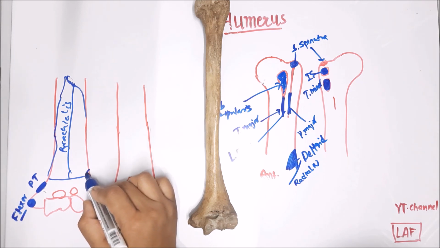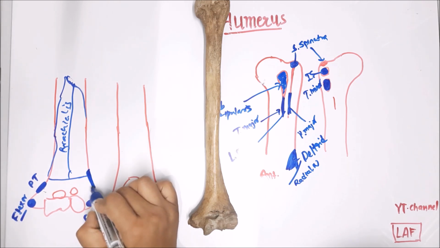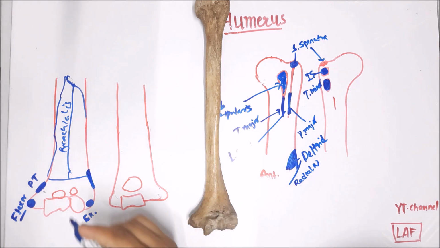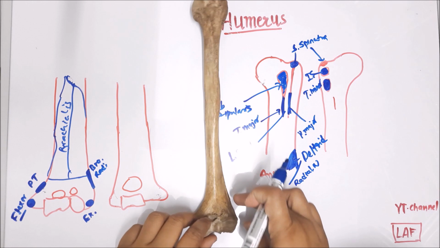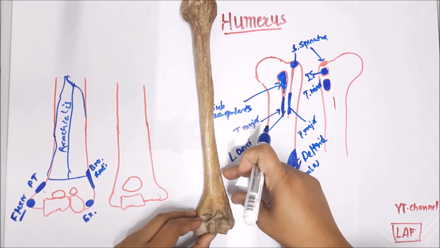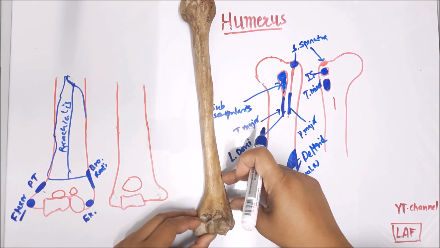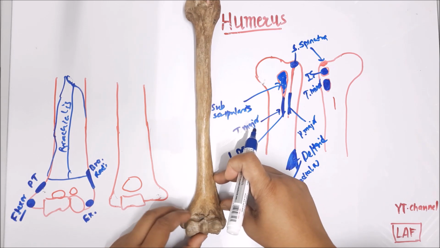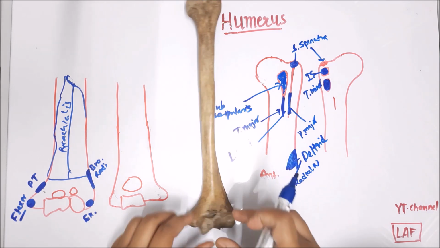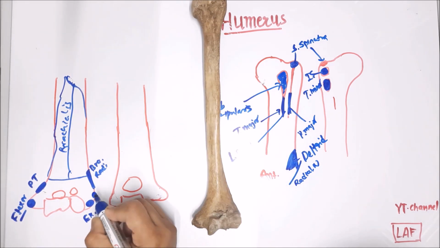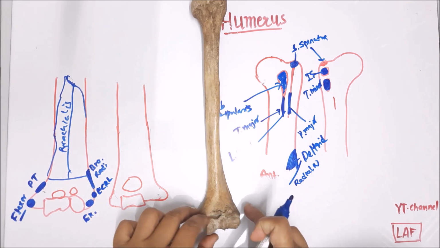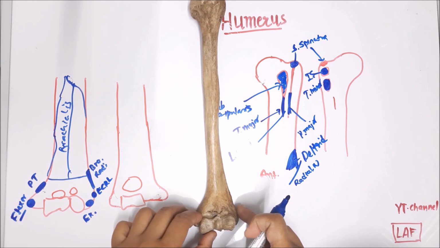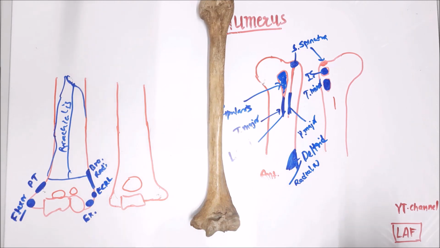On the lateral supracondylar ridge, the upper two-thirds portion is the origin of the brachioradialis muscle, and at the lower part, just below it, the extensor carpi radialis longus arises.